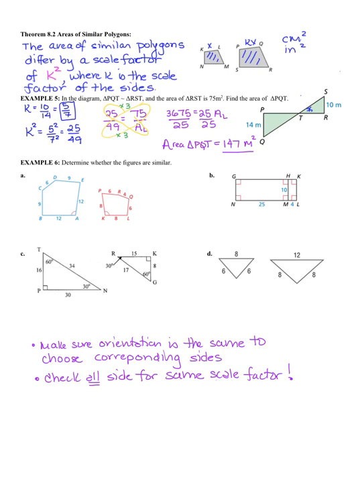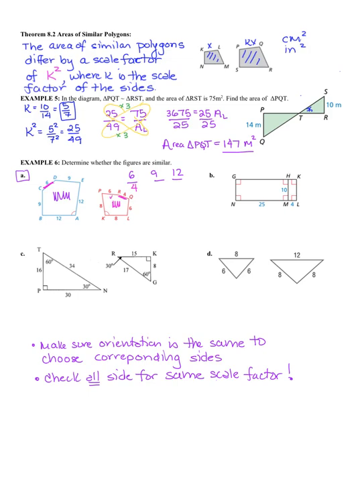So I'm looking at example A here. And so I'm going to list out my numbers from small to large. So I have a 6, I have a 9, and I have a 12. And so this one is in purple. Below it, I'm going to do this one. So the side that had the 6 goes with the small side here, that goes with a 4.